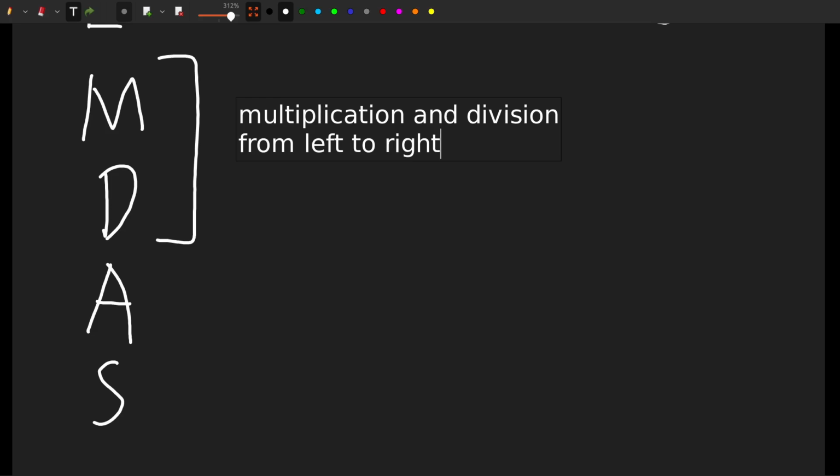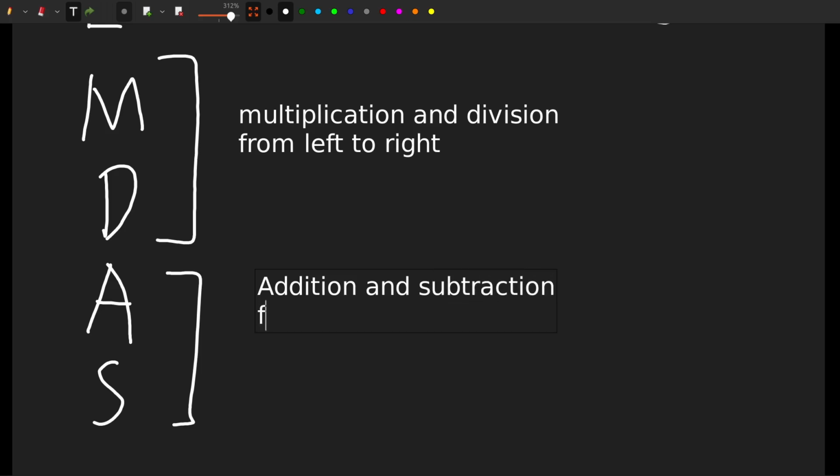And the same thing can be said for the A and the S, which stand for addition and subtraction. And so these, addition and subtraction, are also taken from left to right.